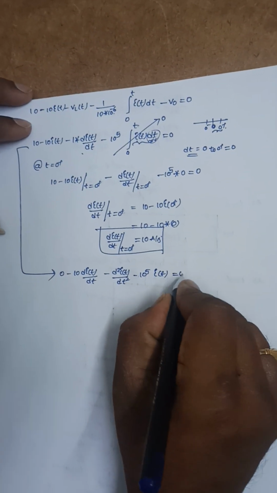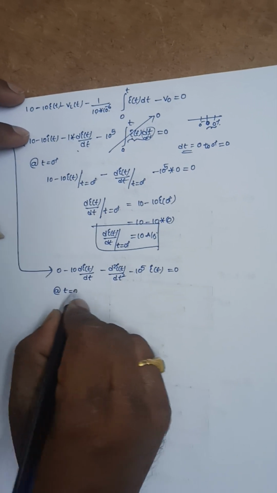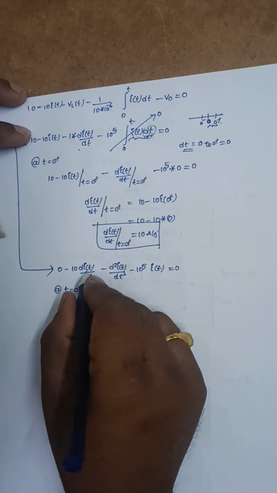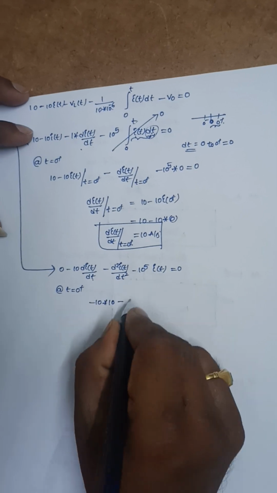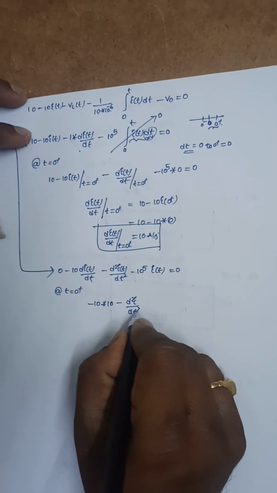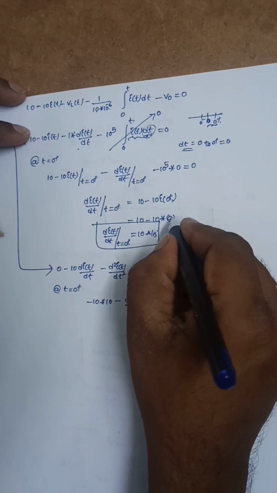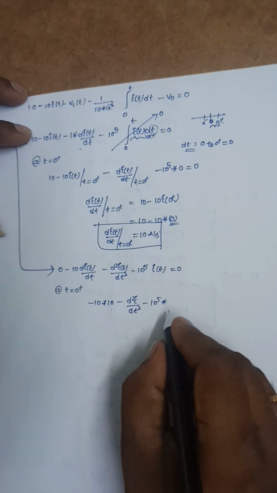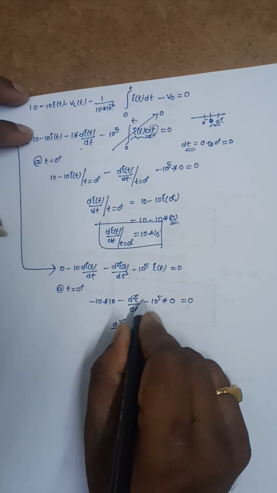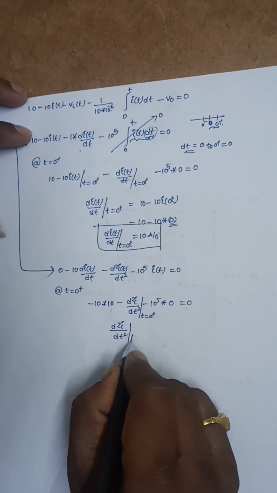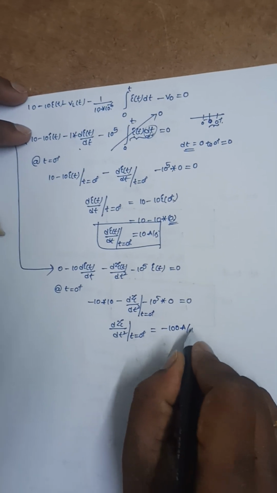Now at t is equal to 0 plus, it is minus 10 into di of t by dt at t is equal to 0 plus, which is 10, minus d square I by dt square minus 10 power 5 into I of 0 plus, which we just calculated, is 0. So 0 is equal to 0. So d square I by dt square at t is equal to 0 plus is equal to minus 100 ampere per second square.